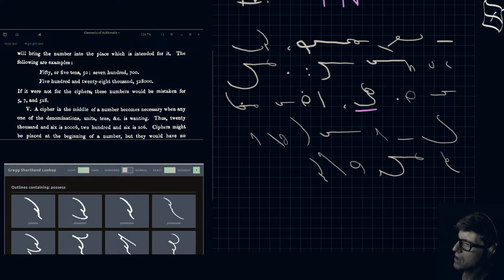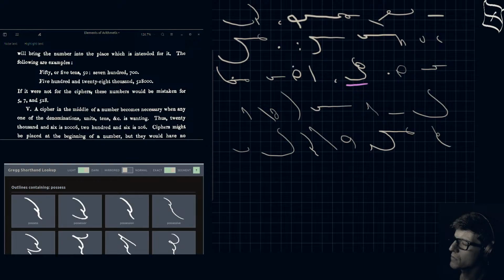Symbols that do possess value are listed in their correct position. In their correct positions, okay?